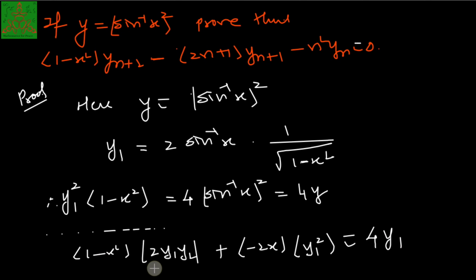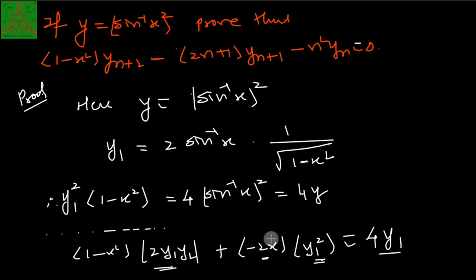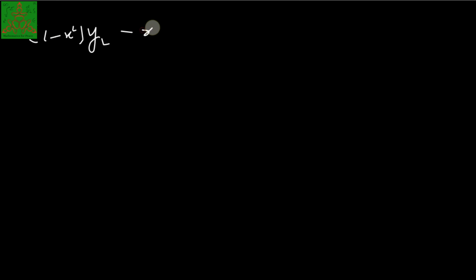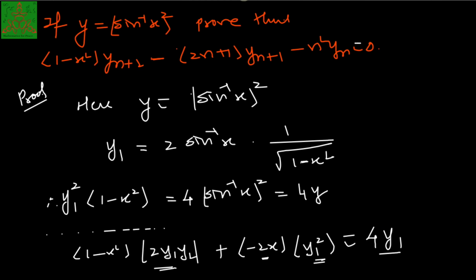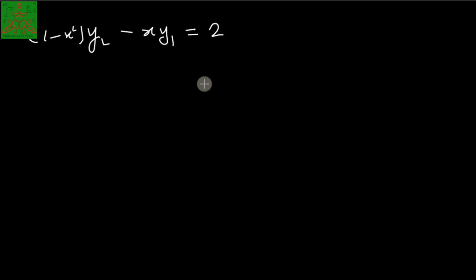You just observe that this 2y1 is common, and it will cancel for all those x where y1 is non-zero. So therefore it will just be 1 minus x square y2 that is left here, minus x y1, and on the other side it will be left with only 2. So this is the equation we have.